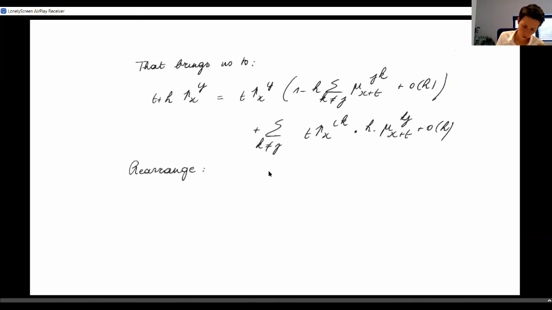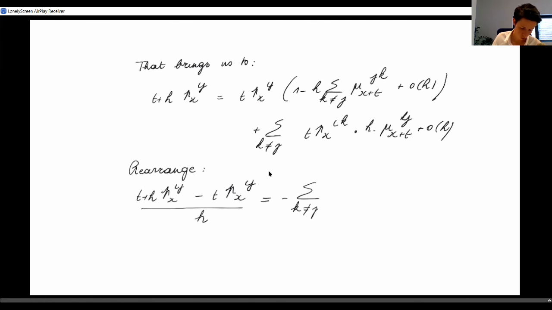And where does that lead us to? t plus h p x ij minus t p x ij, divided by h, is going to be equal to minus the sum over k different from j of t p x ij multiplied with mu x plus t jk.